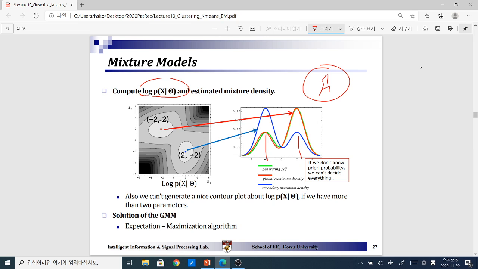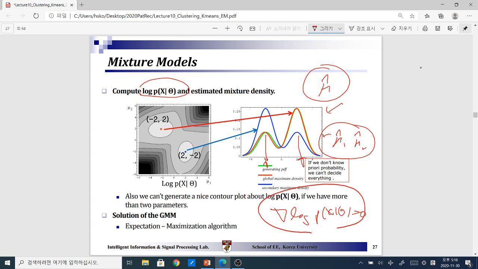We cannot really decide which one is which, because we have a multimodal situation. In this case, we need two means, right? Two means to locate this and this. But the MLE solution, with the gradient of the log of p(x, theta) set equal to 0, is going to produce just one parameter. So we cannot obtain the parameter values by just going through the MLE as is.